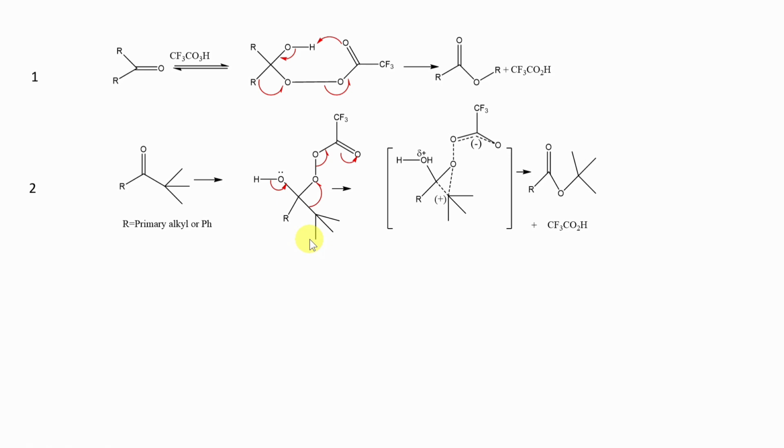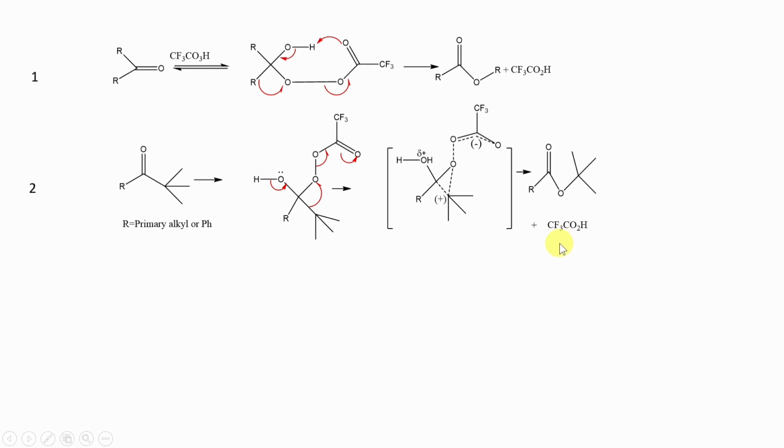In this case, the tertiary butyl group, having greater migratory aptitude than the primary alkyl or aryl group, shifts to the oxygen atom, forming the required product, that is the ester having this structure.